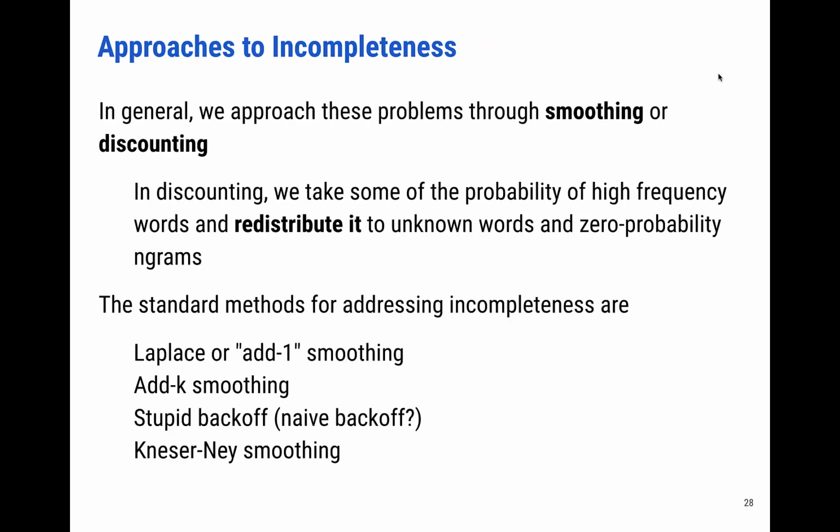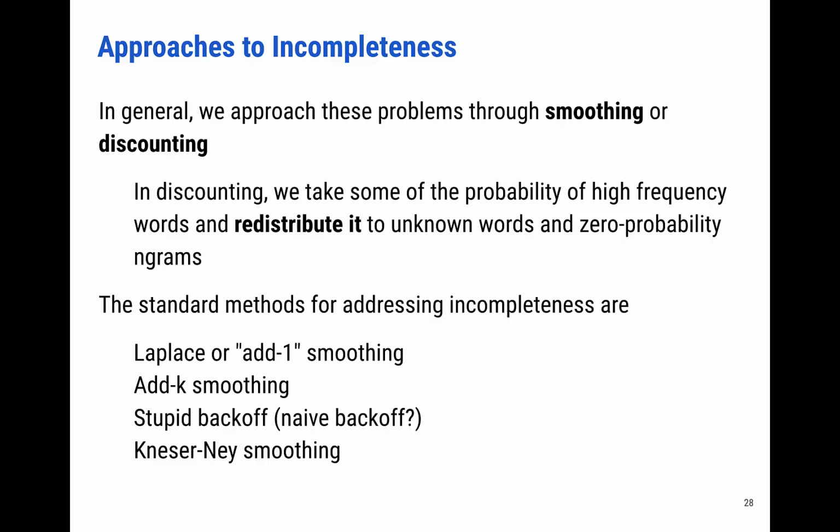So, some standard methods for approaching the problem of incompleteness, where you have missing words or missing combinations. Two of these are smoothing and discounting. In smoothing, we simply add a value to zero values in our language model. So any word that has zero probability gets a probability of some very small value. Similarly with combinations.